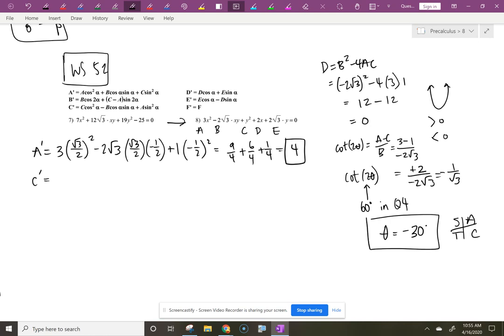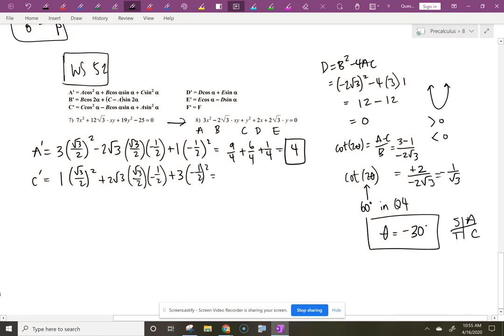C prime. C is 1. And then cosine squared, we have right above it, is root 3 over 2 squared. And then minus, so that'll be plus 2 roots of 3, root 3 times 2 over negative a half. And then plus 3 times negative a half squared. And what does that give me?